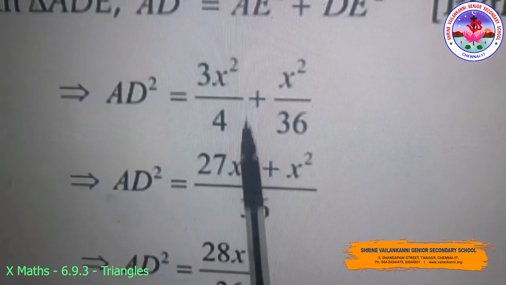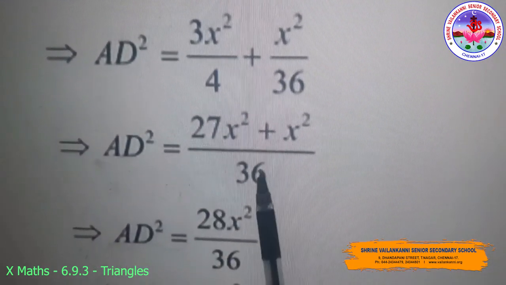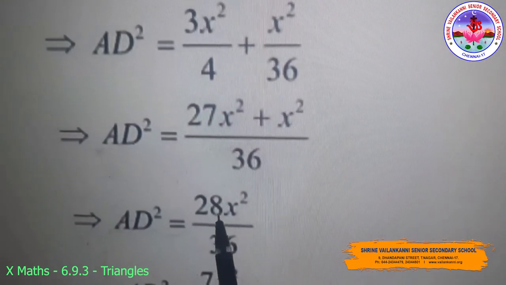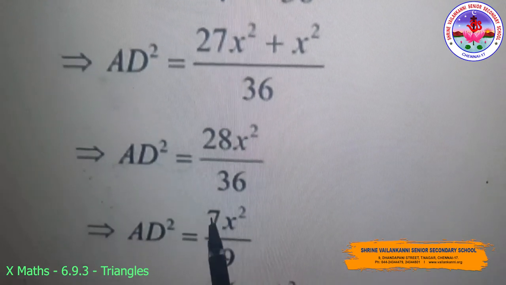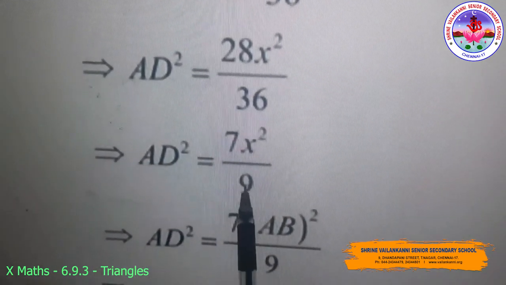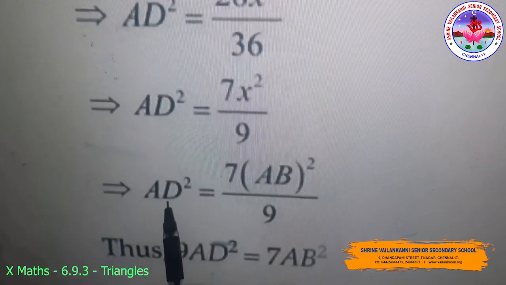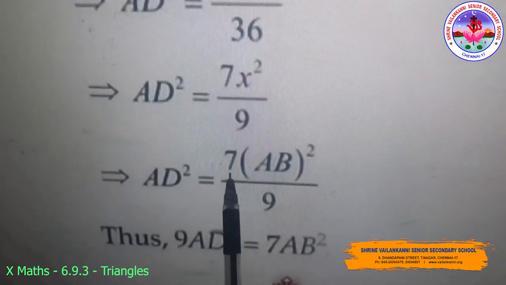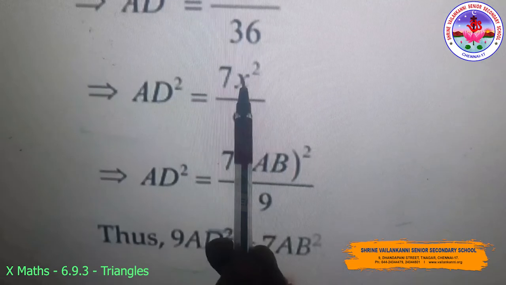So simplifying, I will get 27x squared plus x squared by 36. So I will get 28x squared by 36. So cancelling, I will get 7x squared by 9, which is equal to AD square. Bringing this 9 to the other side, I will get 9 AD square is equal to 7 x square, where x is the side of the equilateral triangle.